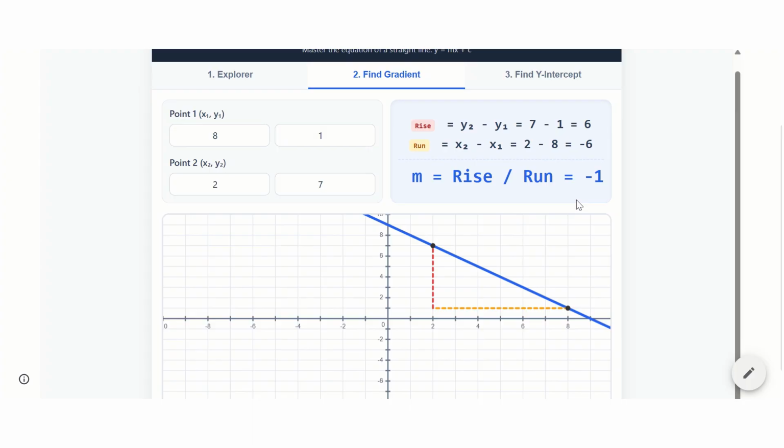So here I've shown you 2 different ways of finding it. One way is to draw a right angle triangle, read out the values for the rise, read out the values for the run, and then use rise over run to get the gradient. But be careful, because if it's a line that's slanted this way, as demonstrated on the screen, the run will be a negative value.